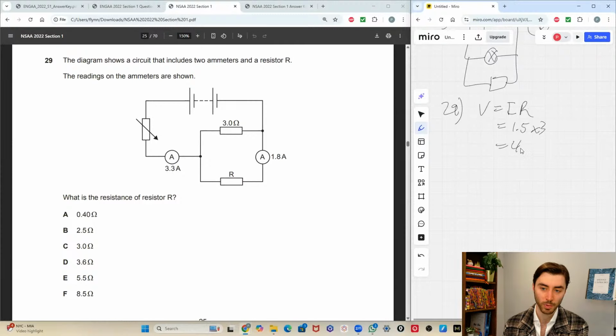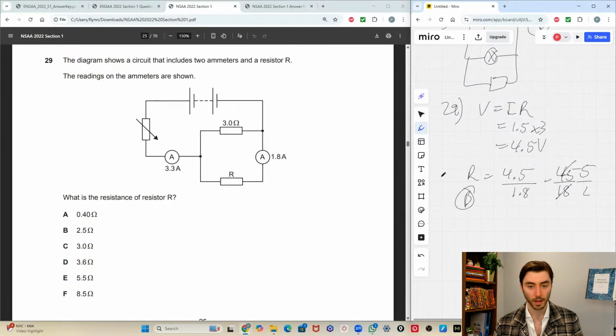That's 4.5 volts on that branch, which means there's 4.5 volts on this branch, and R is equal to 4.5 over 1.8. Let's multiply by 10 because of decimals, so 45 over 18, that's 2.5. That's B. Okay.